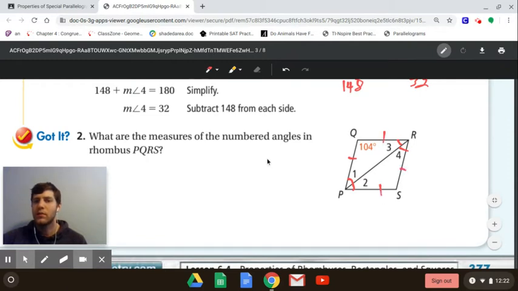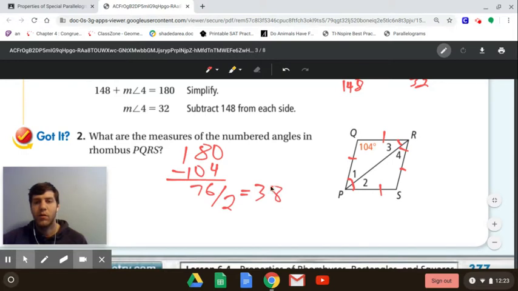To find those angles for the isosceles triangle, we did 180 minus 104, which is 76. So we know these two have to add up to 76 because it's a triangle, and we know they have to be equal. So all we're going to do is divide by 2. 76 divided by 2 is going to give us 38. So all of these angles here are going to be 38.